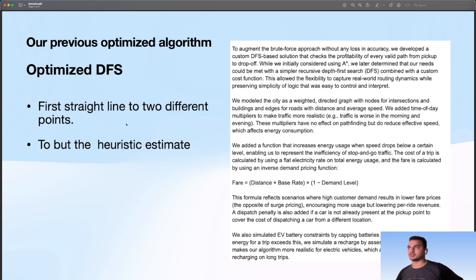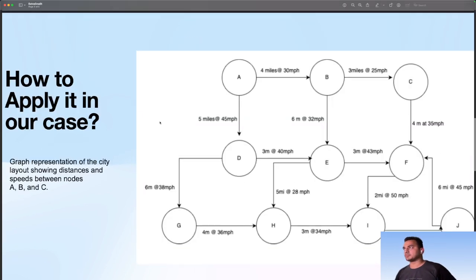If you want to go from A to E, you will draw a straight line from A to E. Now you will take an estimate of it, like, let's say, 4 miles, and the speed you can go with is, let's say, 30 miles per hour.